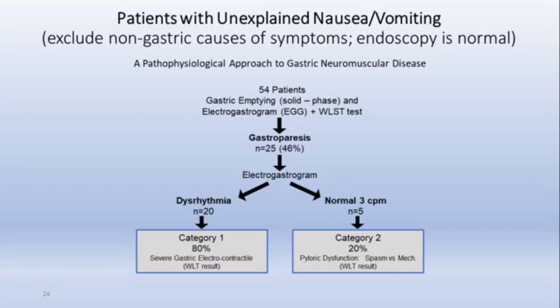Is this gastroparesis being driven by pyloric problems? Is it spasm? Is it mechanical? But with endoscopy, we can rule out those mechanical types of obstruction. So that's the general way we're going with this.